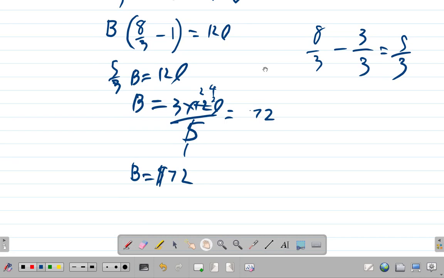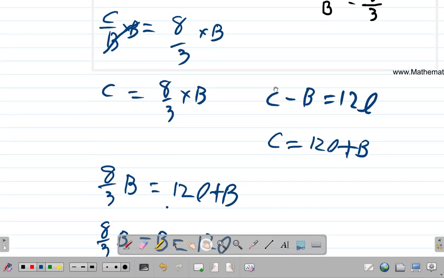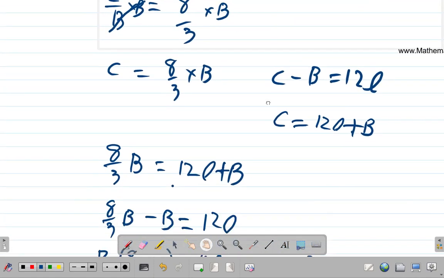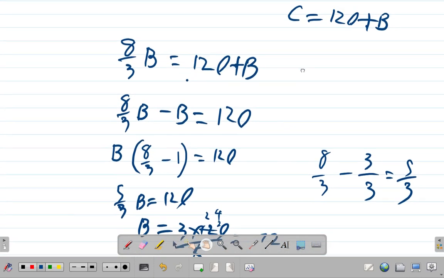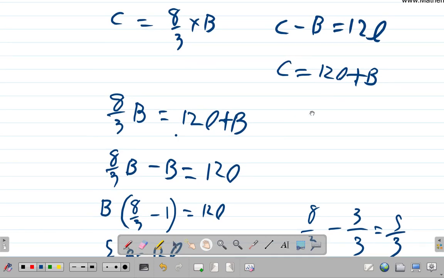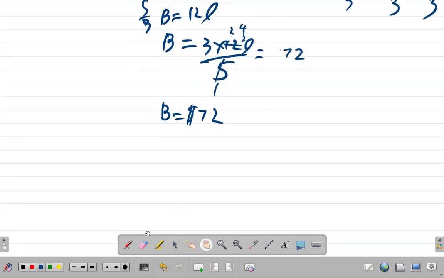What else did it say? Oh, guess what? We can just find C now. C is equal to 120 plus B. So C's money is $120 plus B's money. You can just erase the B here and put B's money, 72.